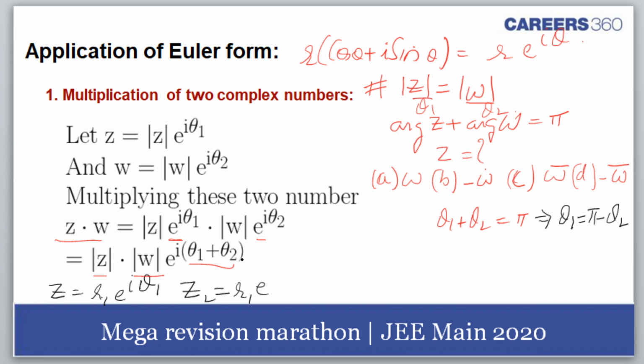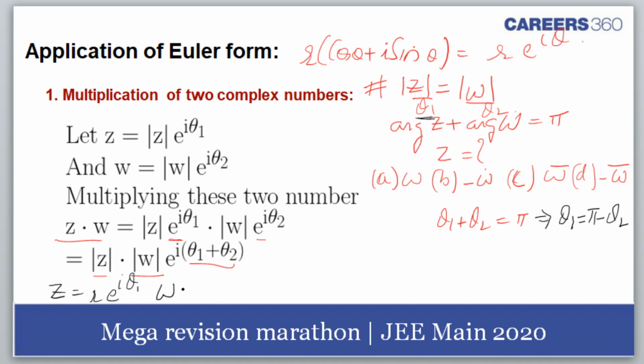I'll write it again. So z, what is z given as? z is r, that is its modulus, e^(iθ1), where theta 1 is the argument of z.